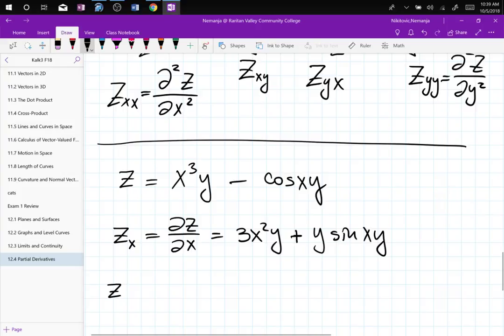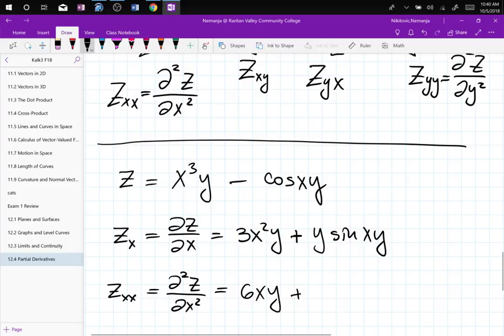Now I'm going into zxx, which is the second derivative of z, d x squared. Welcome back. And now we're taking another derivative with respect to x, so that's going to be 6xy plus, and now I have to take another derivative with respect to x.